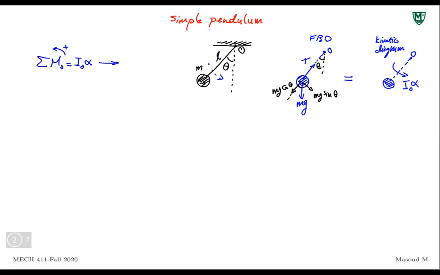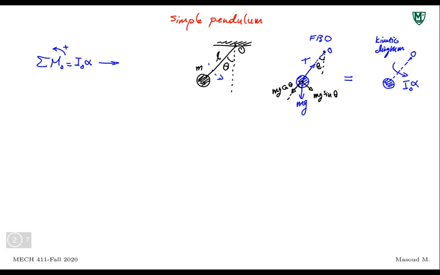MO, the summation of moments created around point O by all the forces we have. Well, T is passing through point O, so that doesn't create any moment. Mg cosine theta is passing through point O, so it doesn't create any moment. The only thing left is mg sine theta. And I know the distance from this mass to point O is L, right? That's the length of the string.